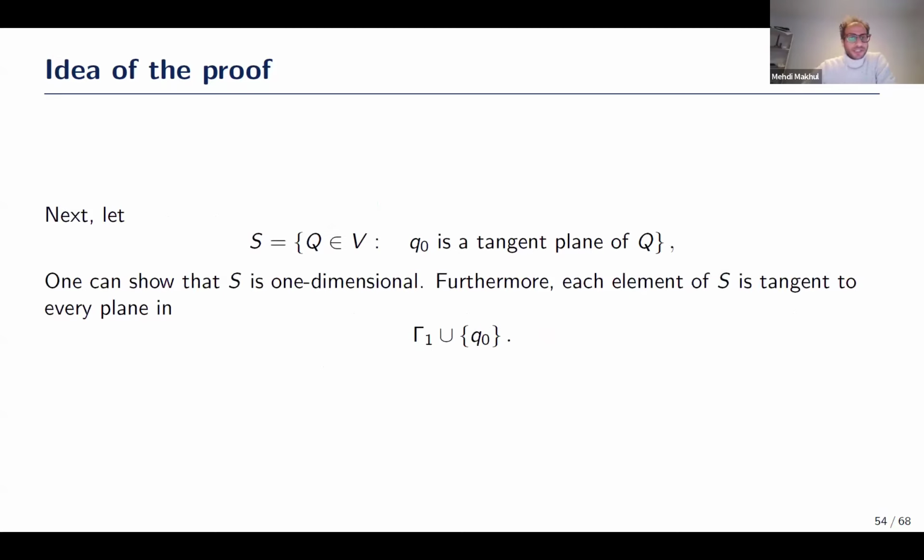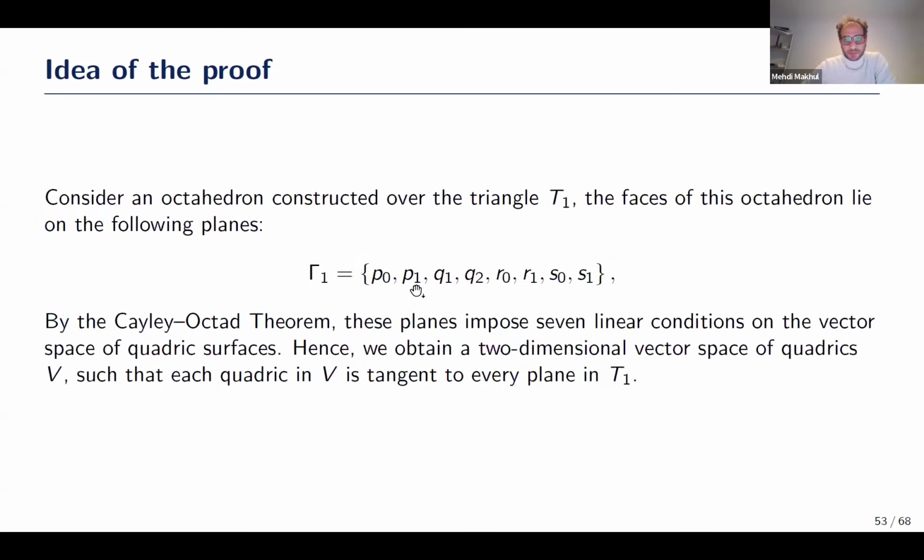Now I consider a subvector space of V, which is all quadrics such that Q0 is also a common tangent to them. So now I have a set of 9 planes, these 8 planes P0 up to S1, and I add Q0 to this.